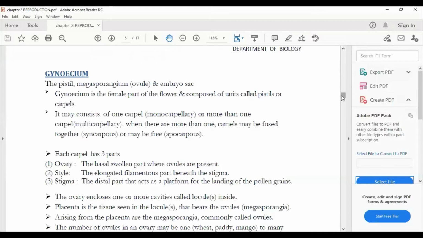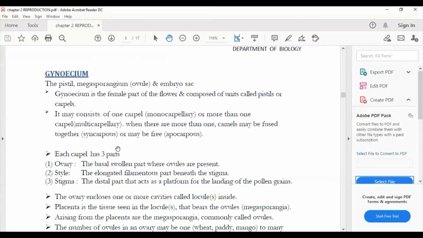You will also find another concept, that is syncarpous and apocarpous. Monocarpellary and multicarpellary can be asked for 1 mark or as differences. Syncarpous and apocarpous again can be asked for 1 mark for definition or again as differences.